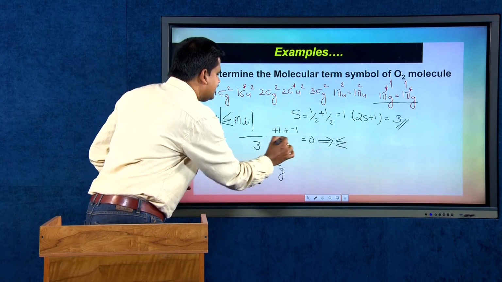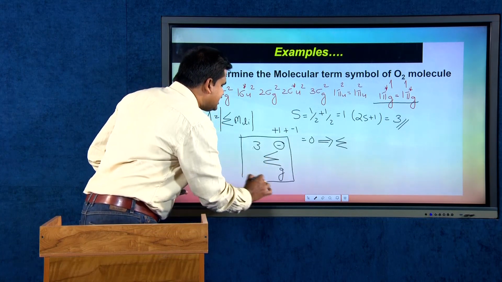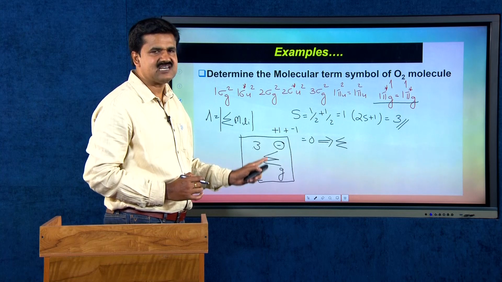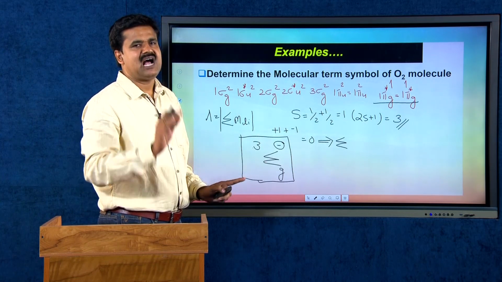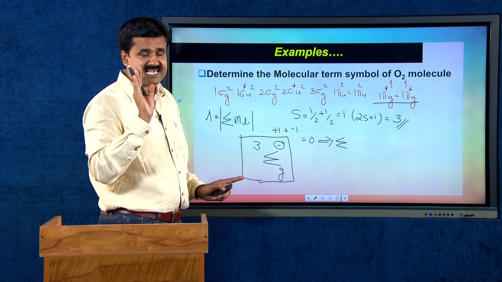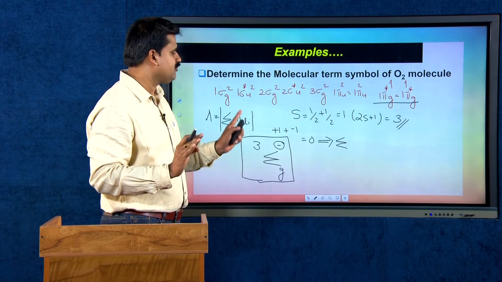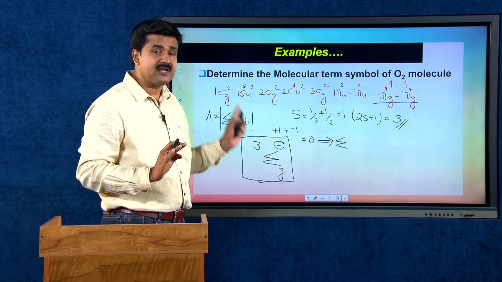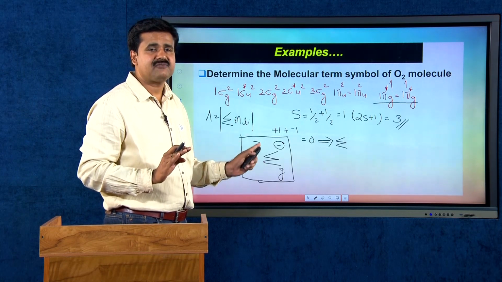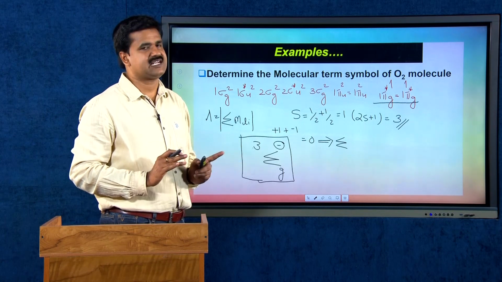Therefore, this 3Σg minus is the molecular term symbol for the oxygen molecule. And while assigning the sign, we have to keep in mind that for a sigma term, we give a negative sign if and only if it is in half-filled pi orbital triplet arrangement.